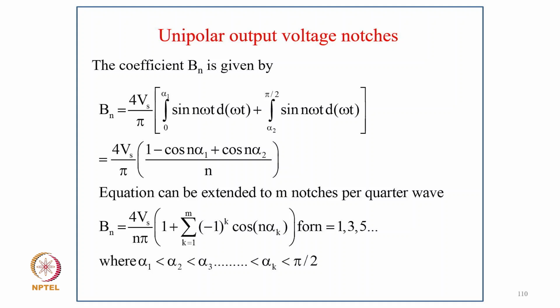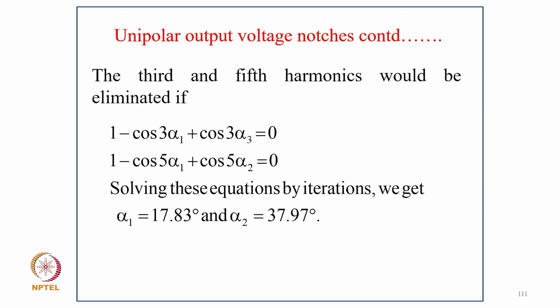So Bn = (4Vs/nπ)[1 + sum over k = 1 to m of (−1)^k cos nα_k], for n = 1, 3, 5, where α2 is between α1 and α3, and typically less than π/2.